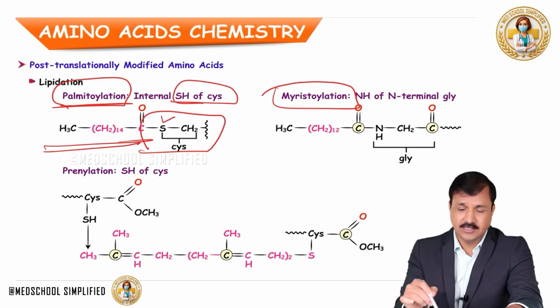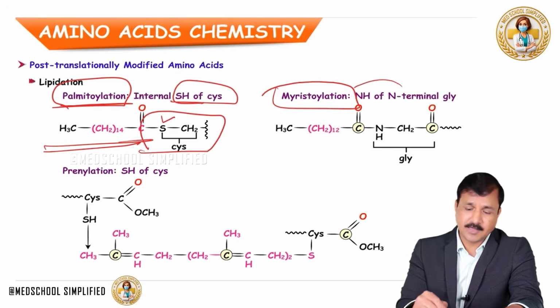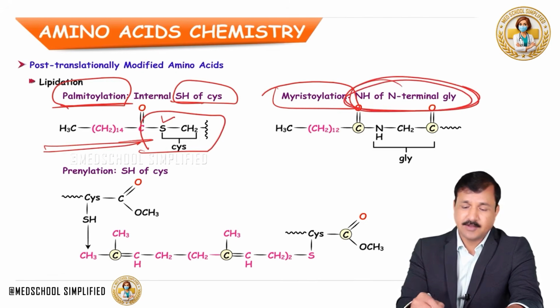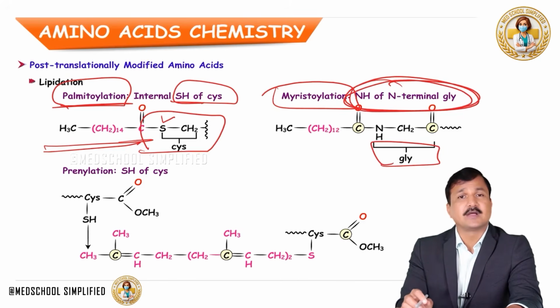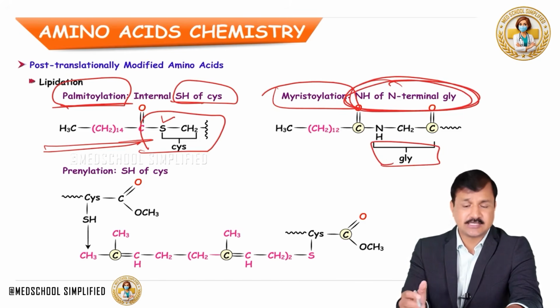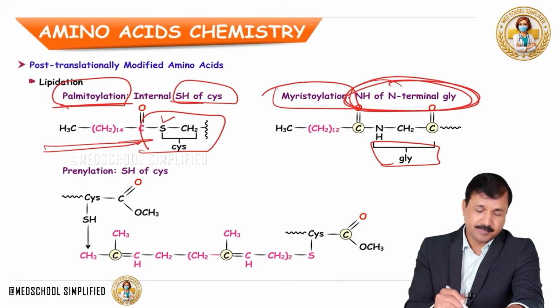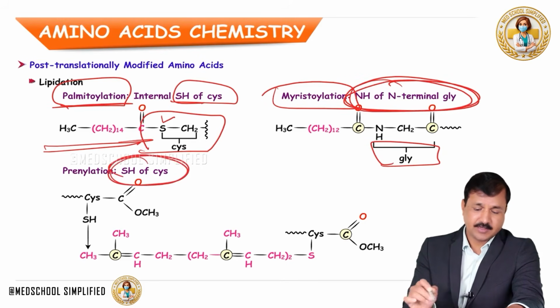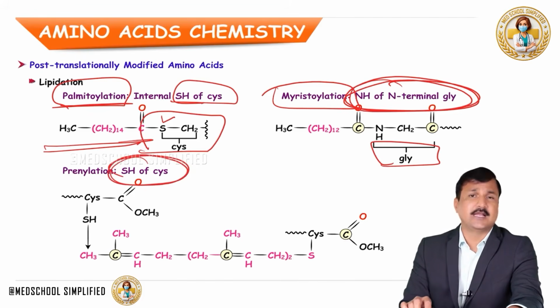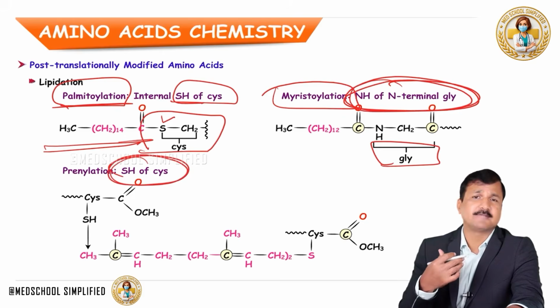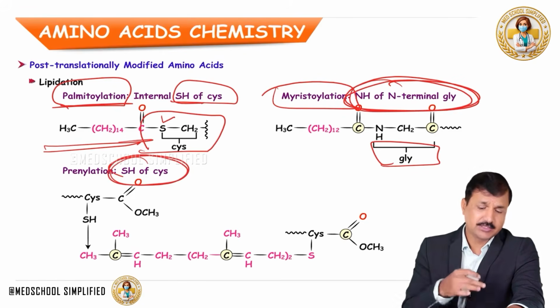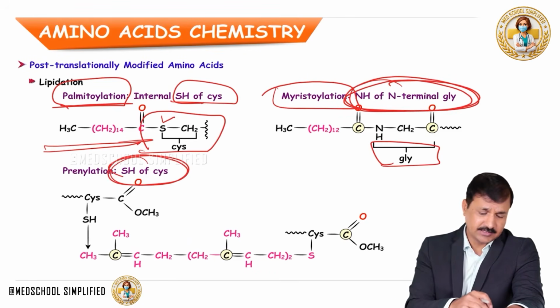Whereas myristylation is attached to the amino group of glycine. Glycine has a primary amino group, and to that the fatty acid, myristic acid, is attached. Prenylation, a prenyl group attached to the thiol group of cysteine. So, palmitylation, myristylation, prenylation, these are the lipidation post-translational modifications of amino acids.